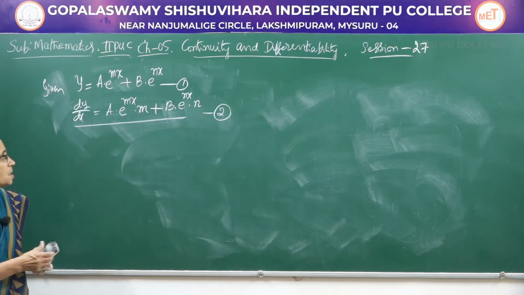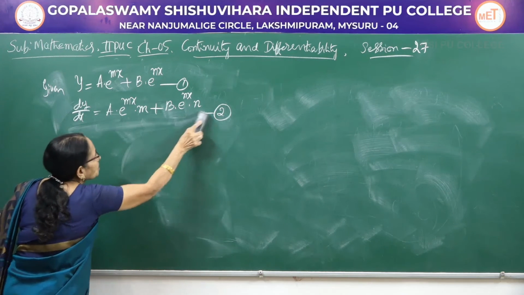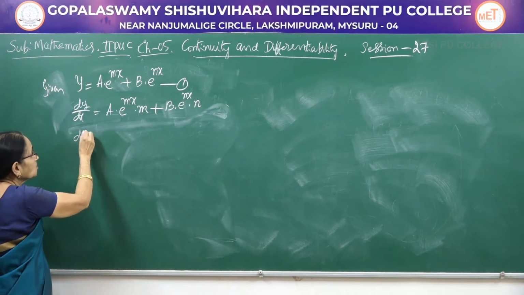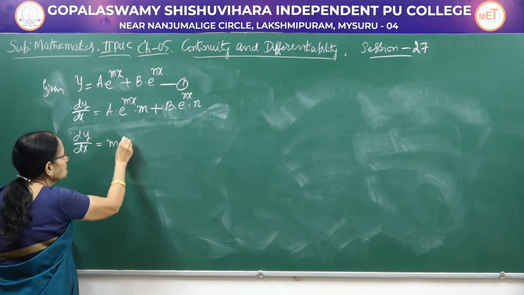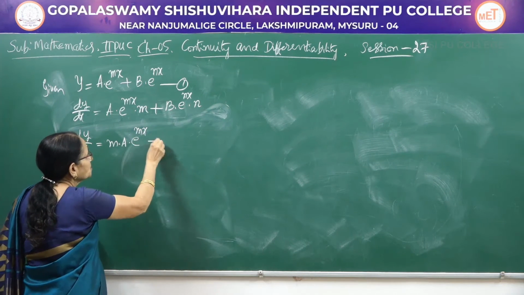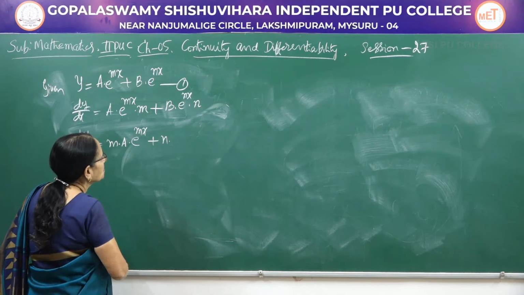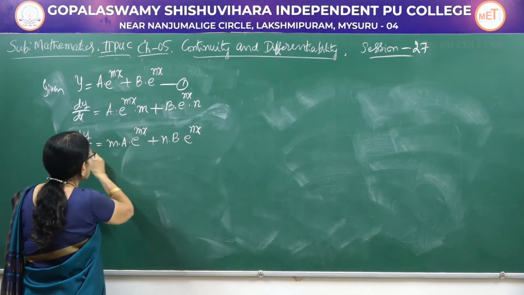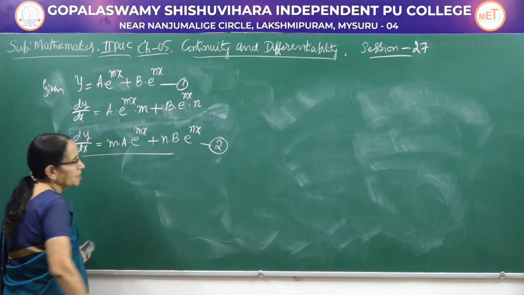Instead of giving the number for this one, you can write like this, for convenience, that's all. dy by dx equal to m into a into e to the power mx plus n into b into e to the power nx. I could have taken it here itself. Simply to write the constant in the beginning, I have written like this.